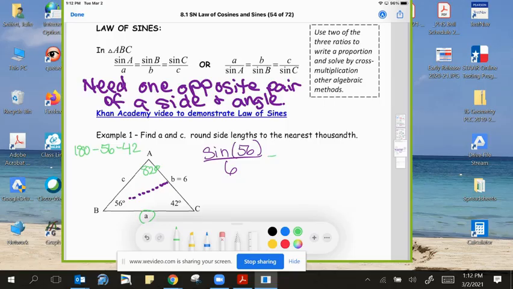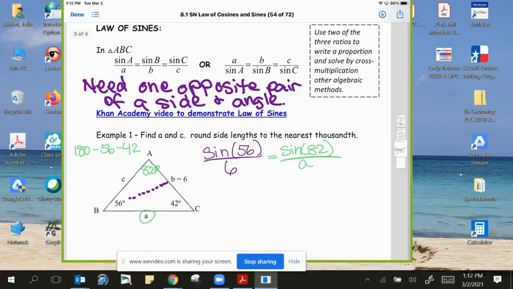So we can use sine of 82 degrees over side A that we're looking to find. We don't need C. We only need two of the fractions to make a proportion.